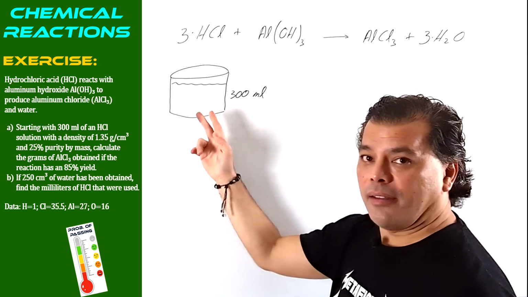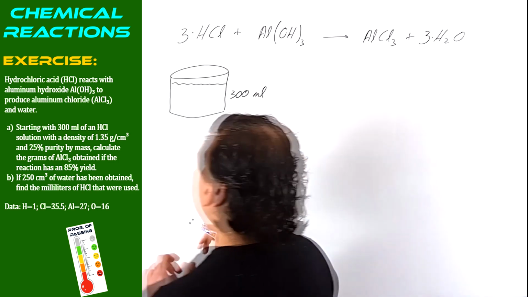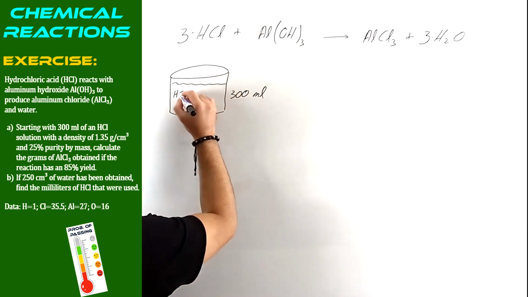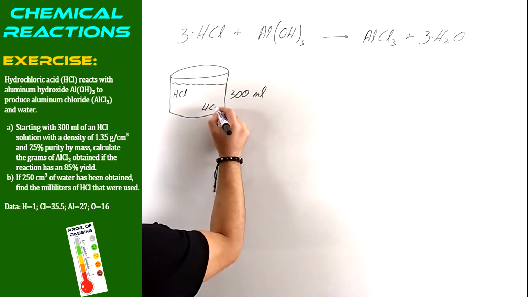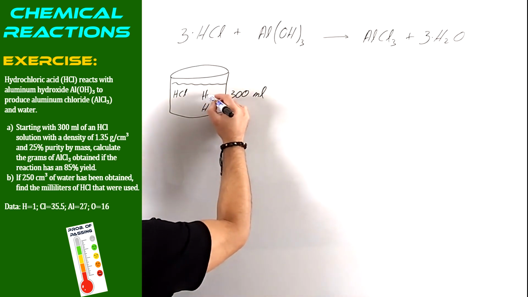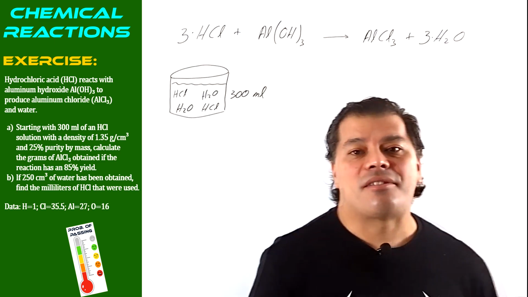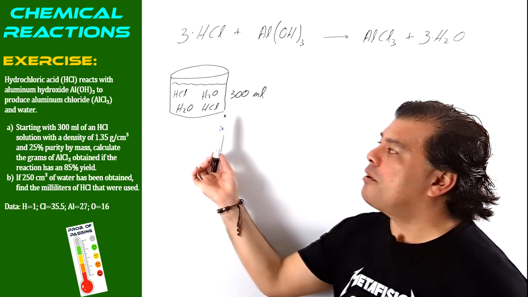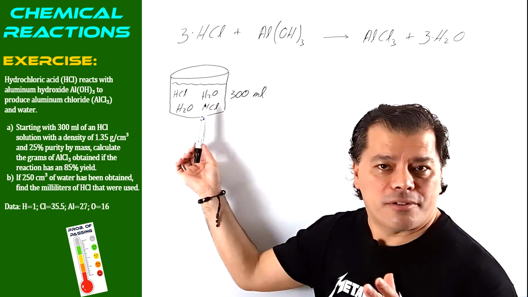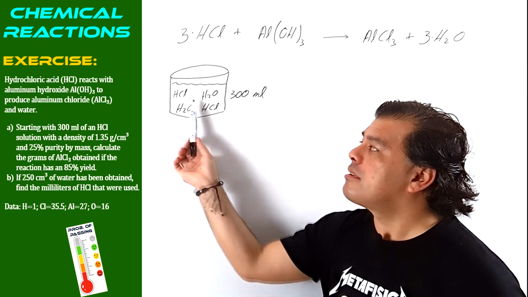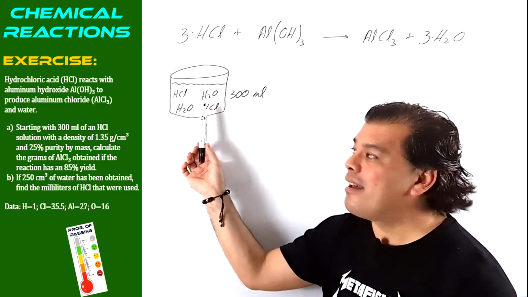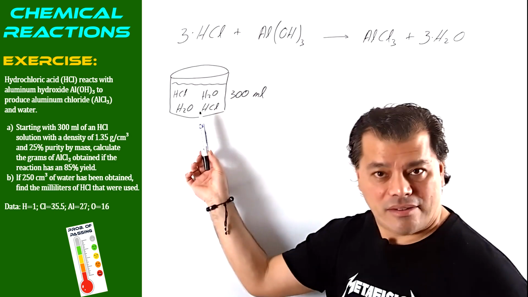Here we can find hydrochloric acid, but also water. So our task is to know the grams or moles, it doesn't matter, the grams of hydrochloric acid that comes in this little glass.